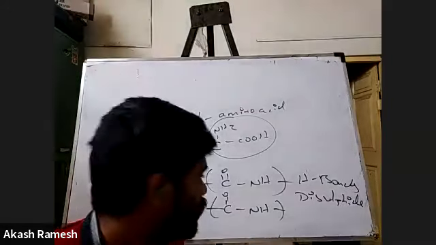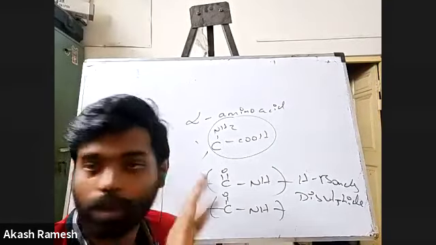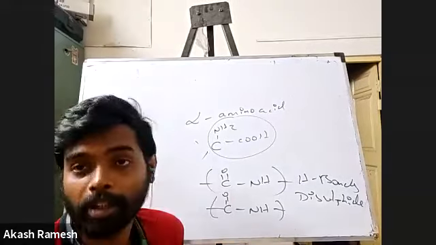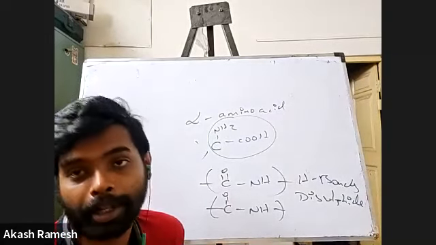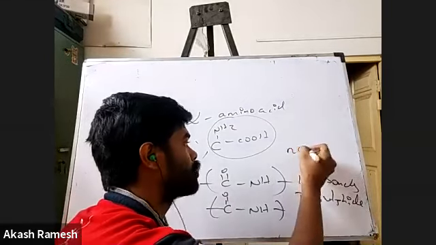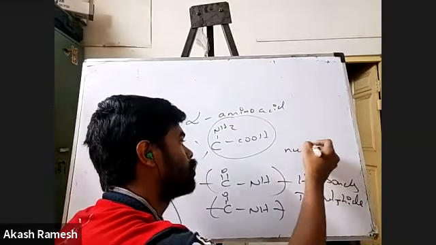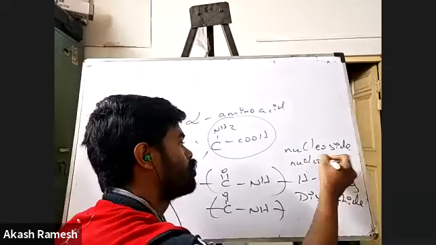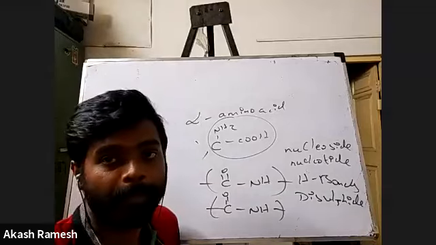Okay, so now you need to understand two terms. These are all the components of DNA or RNA, right? And the next thing you have to understand is how they are linked together, right? So you have two things. One is what is called your nucleoside, and the other one is what is called nucleotide, right?